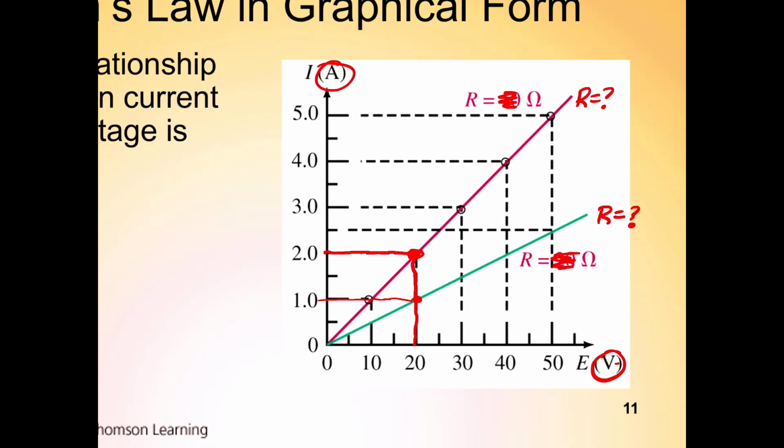Based on the linear relationship, you could take any value of voltage, like say 40 volts, divide it by the value of current, in this case 4 amps. 40 divided by 4 would give you R equals 10 ohms. And you could calculate the value of opposition or resistance using Ohm's law.